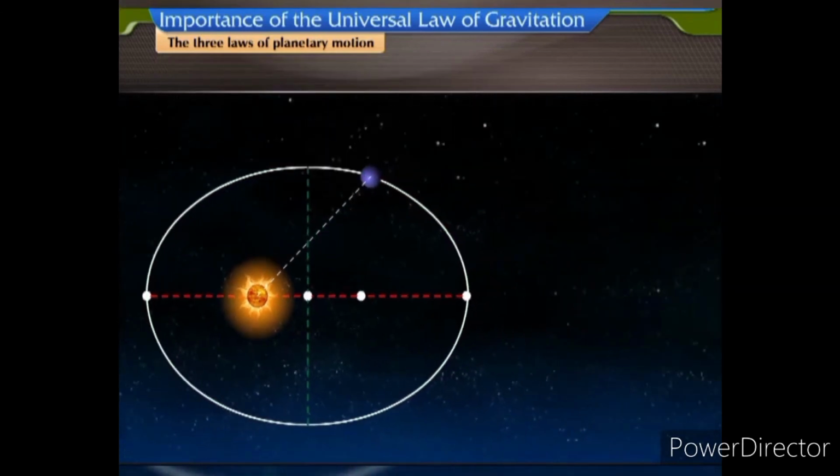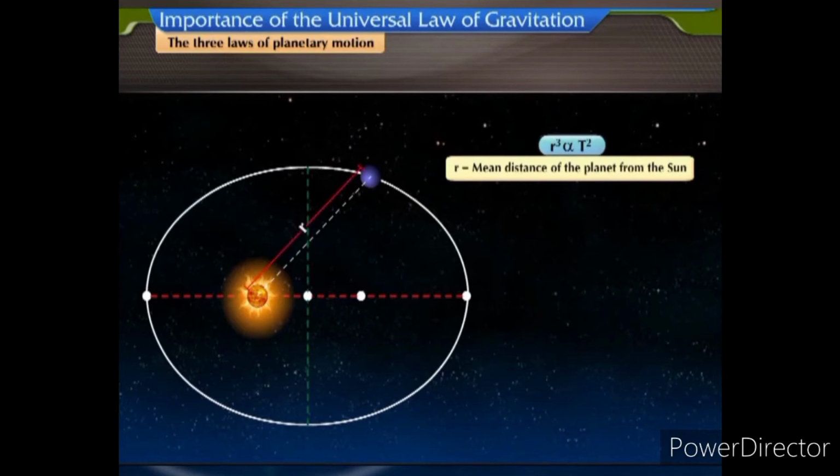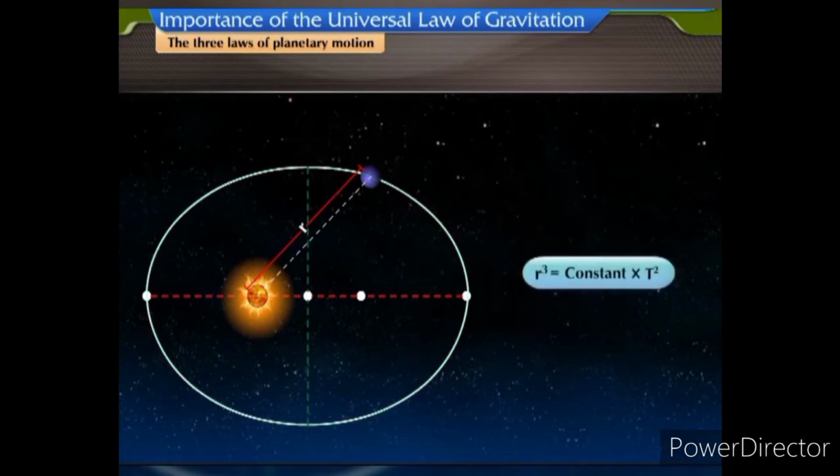We can express this mathematically as r cube is directly proportional to T square, where r is the mean distance of the planet from the sun, while T is the time taken by the planet to move around the sun, that is, the time period of the planet. Or r cube is equal to a constant multiplied by T square, or r cube upon T square is equal to a constant.